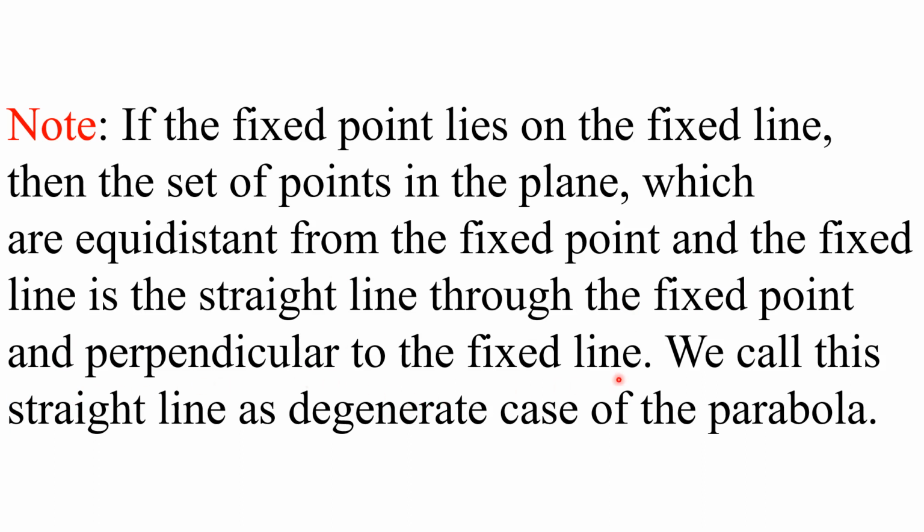Yes, my children, understood this point? So we call this straight line the degenerate case of the parabola. Then we get a straight line. In this case, this straight line is said to be the degenerate case of the parabola. Understood this point, my children?